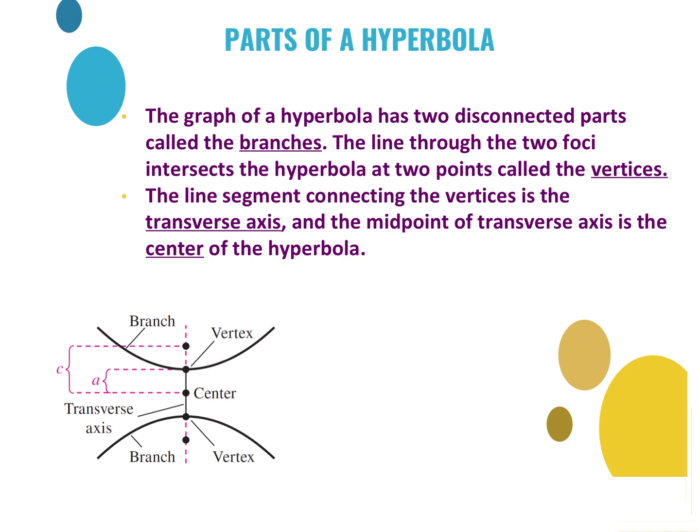The line segment connecting the vertices is called the transverse axis. And the midpoint of the transverse axis is the center of the hyperbola. So the center is going to be the midpoint between the two vertices, just like we saw with the ellipses.